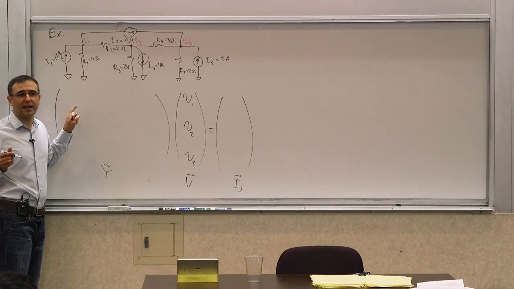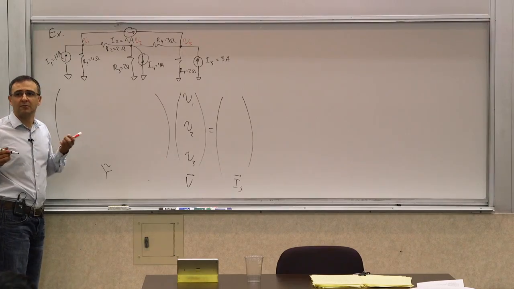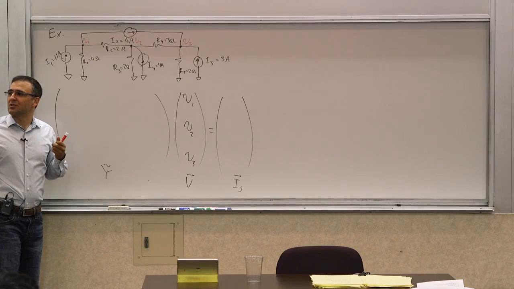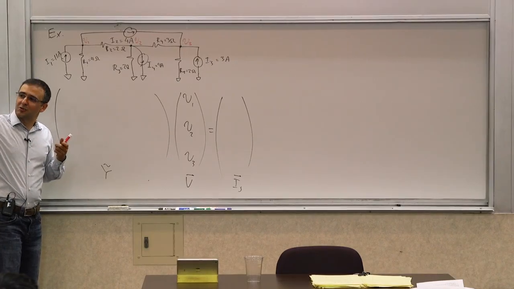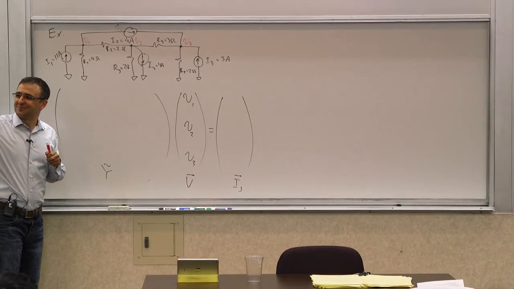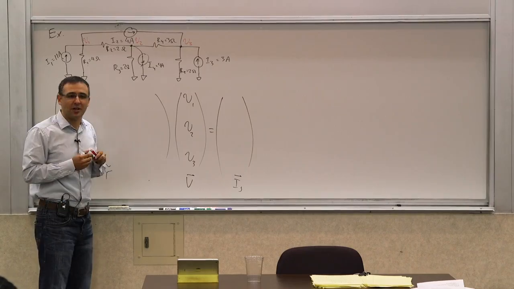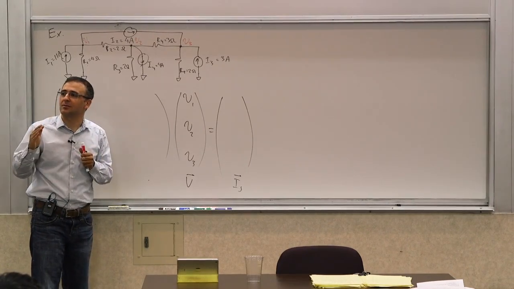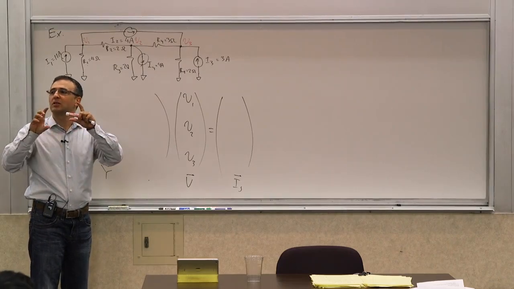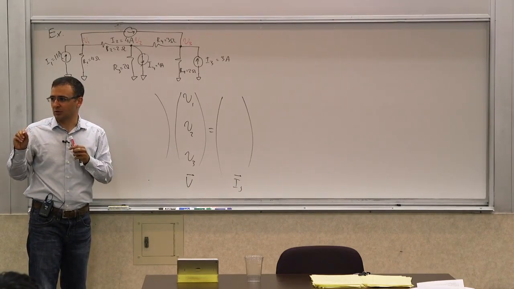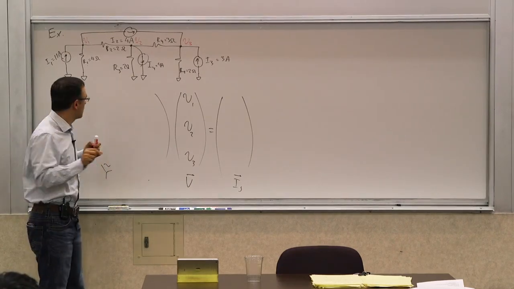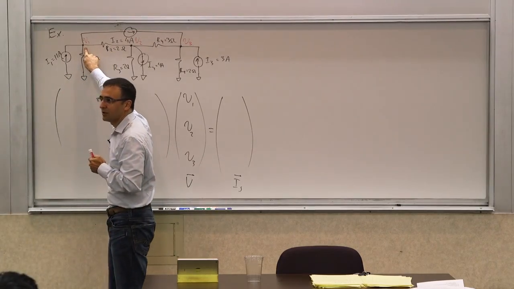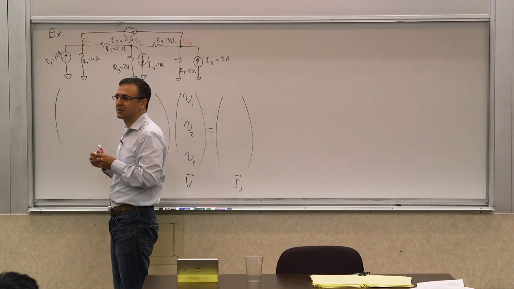Let's go around the class and quickly answer the question. If you remember, the diagonal terms are the sum of conductances attached to the node of interest. So the 1,1 element would be the sum of the conductances attached to this node. So what is that sum?